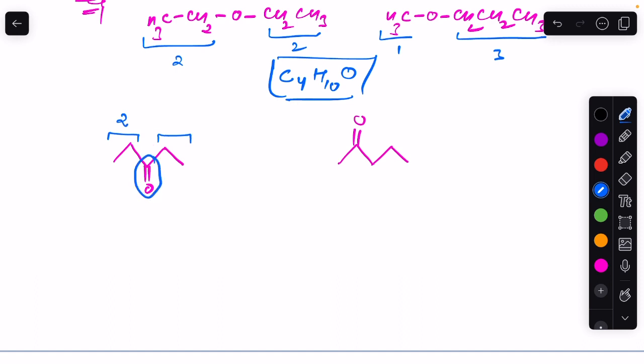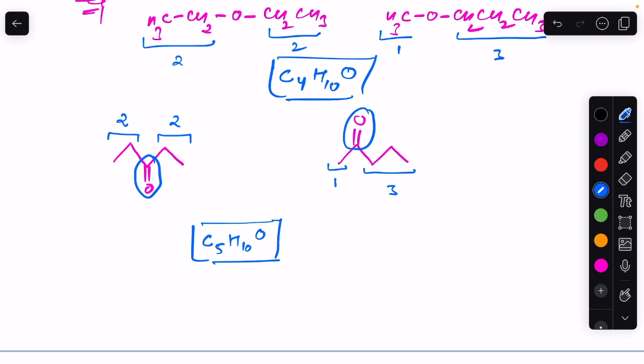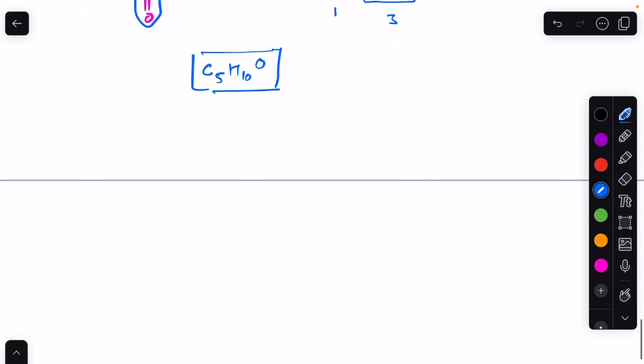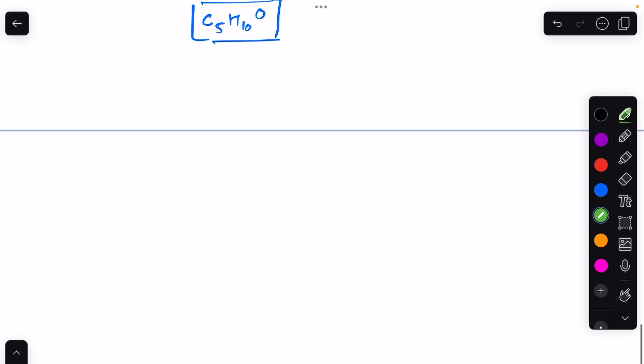Here we have 2 carbon atoms around a functional group. Here we have 1 carbon atom and 3 carbon atoms around a functional group. However, the molecular formula is C5H10O in both of the cases. Okay. Next one is tautomerism.